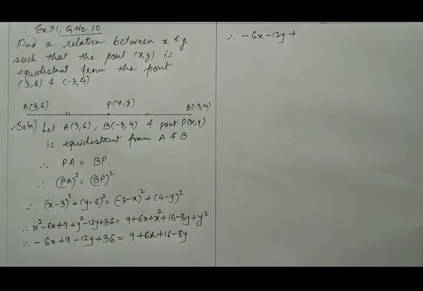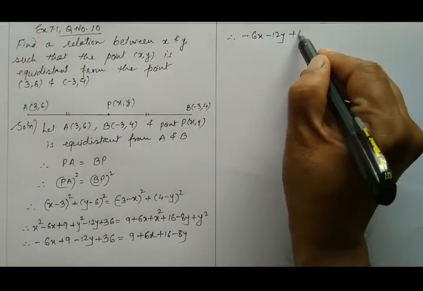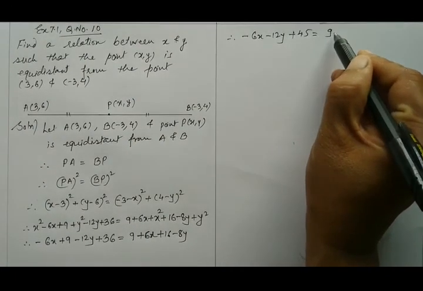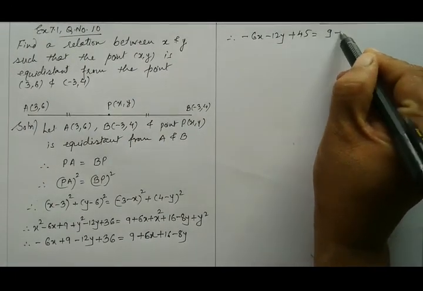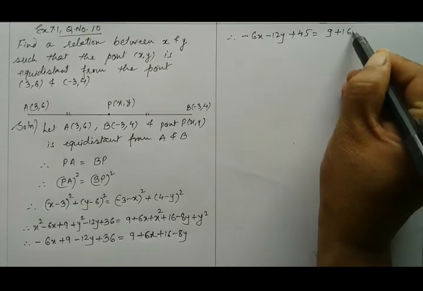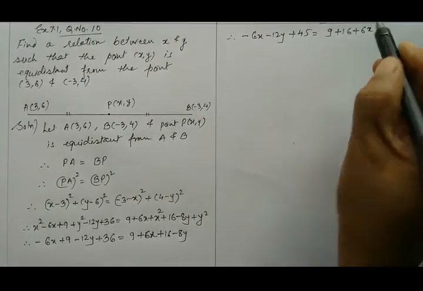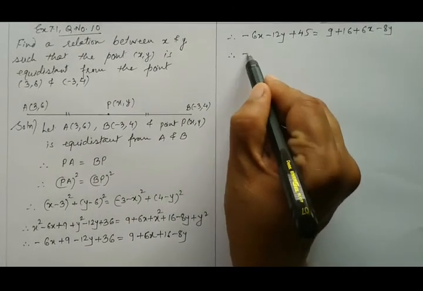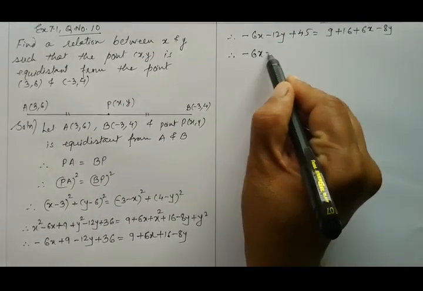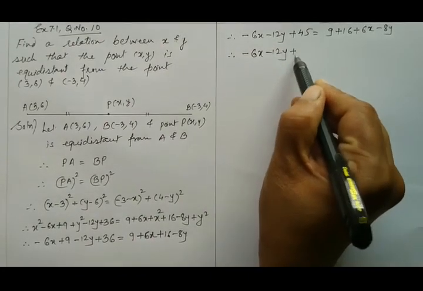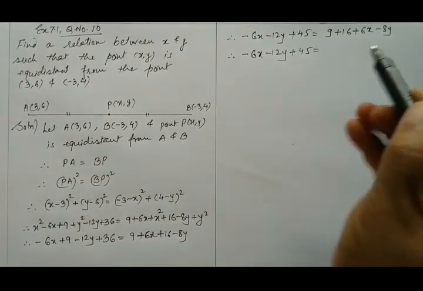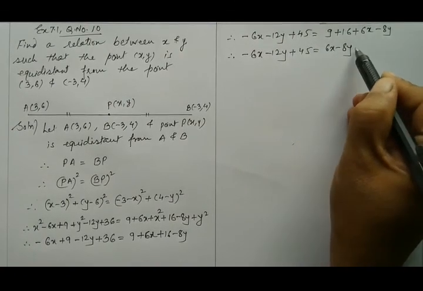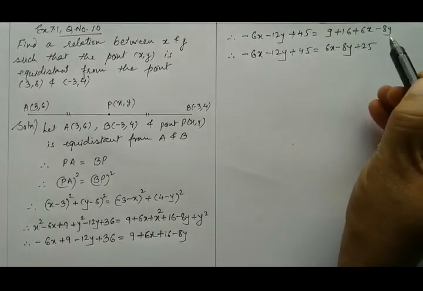Now 9 plus 36, so that is 45, is equal to 9 plus 16 plus 6x minus 8y. So therefore minus 6x minus 12y plus 45 is equal to 6x minus 8y plus 25.